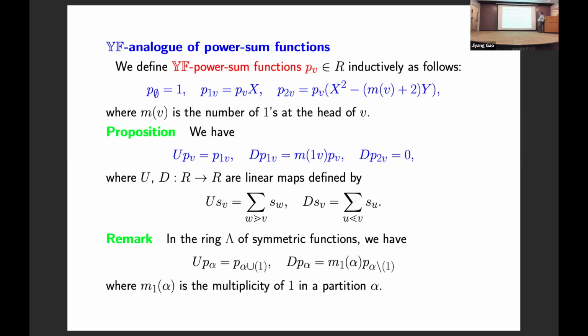And if you apply the down operator to the power sum P of 1, then you get the multiple of the power sum corresponding to B, and that D operator kills the P2B.